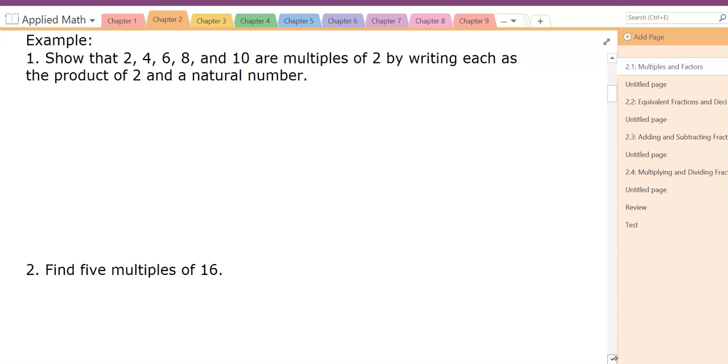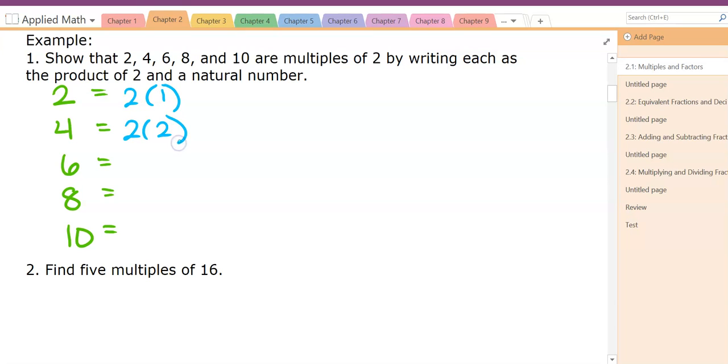So to do this, you just have to rewrite 2, 4, 6, 8, and 10 as 2 times another number. So 2 would be 2 times 1. 4 would be 2 times 2. And then you keep going. 2 times 3, 2 times 4, 2 times 5.